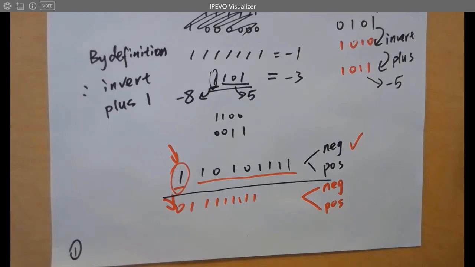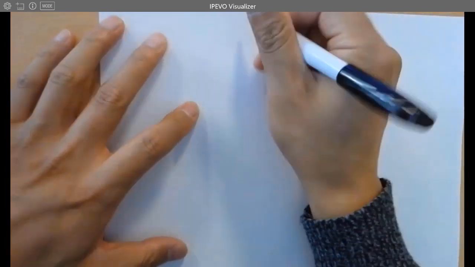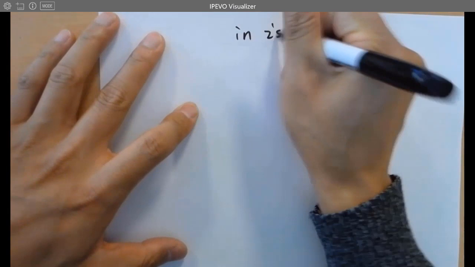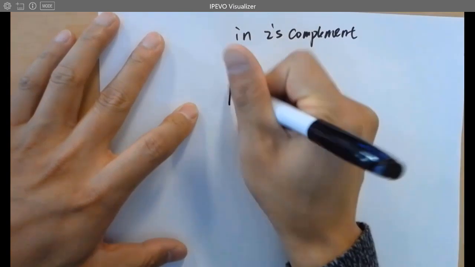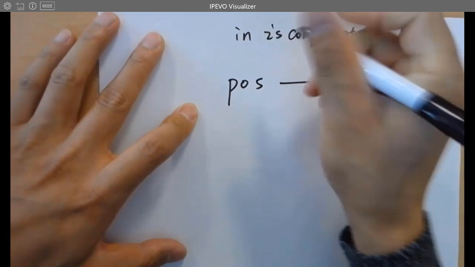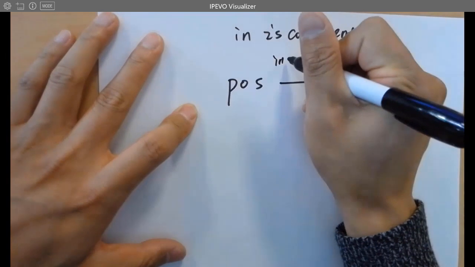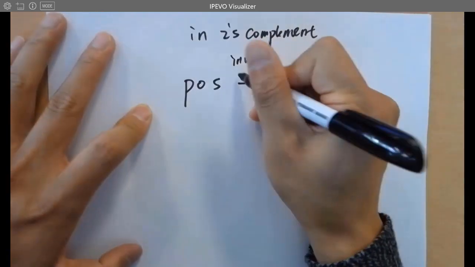Okay, I will write it here. This is actually a pretty good question. So in 2's complement, positive to negative, you are doing invert and plus 1.